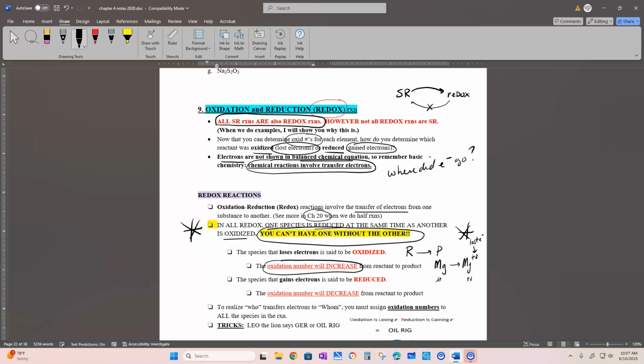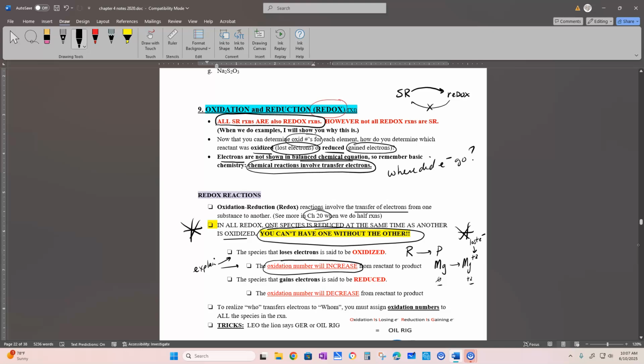Because from previous chemistry knowledge, that +2 cation, he lost electrons. But notice the oxidation number increased. I went from 0 to +2. That's how I know it's also oxidation. When you explain, you have to use either one. Either it lost electrons from reactant to product, or the oxidation number increased from reactant to product.